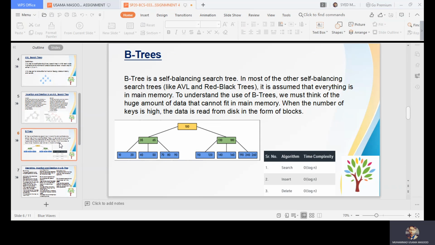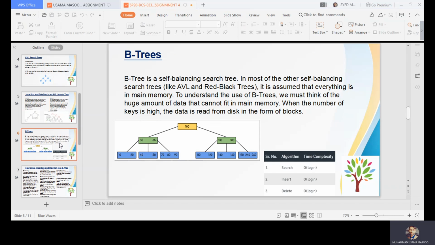The time complexity for search is big O log n, the time complexity for insert is big O log n, and the time complexity of delete is also the same, big O log n. The picture of the B-tree mechanism is also shared on this slide.